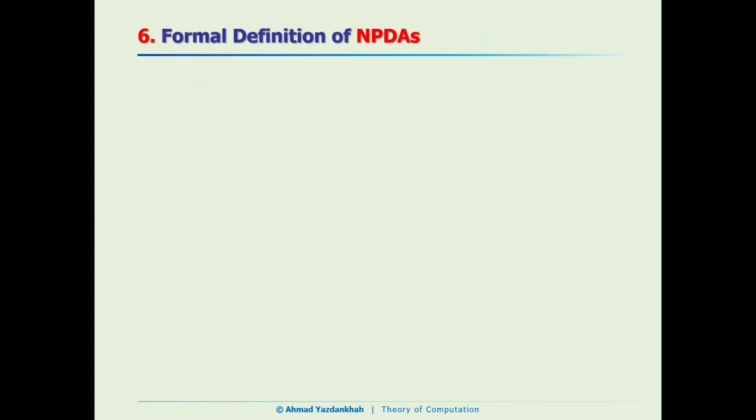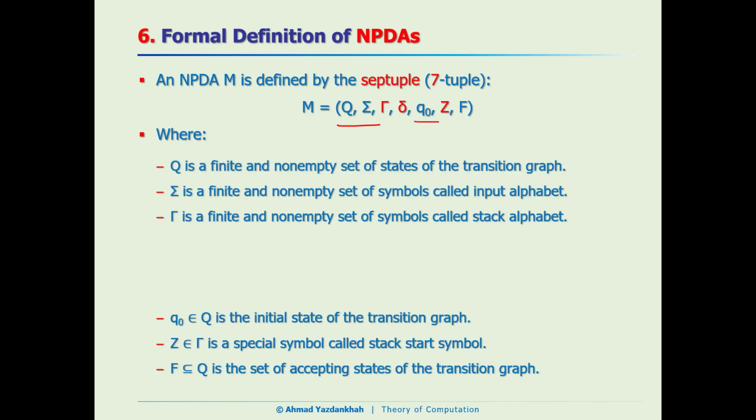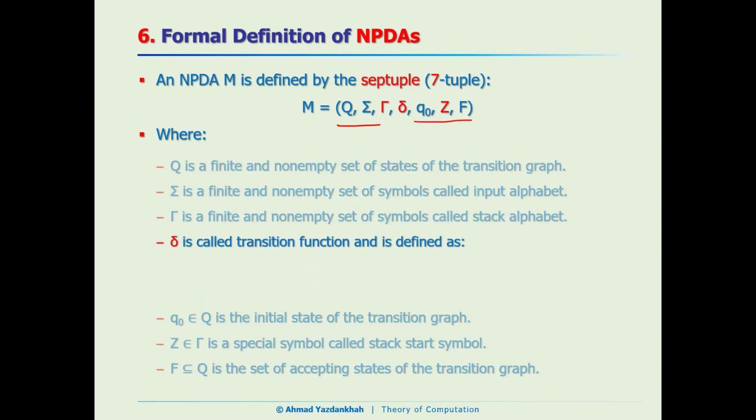And so forth. Now let's talk about the formal definition of the NPDAs. They can be defined exactly with the seven-tuple that we talked about for the DPDAs. Six of them are exactly the same, and we are not going to talk about them. The only difference is the delta function, or transition function, that looks like this.